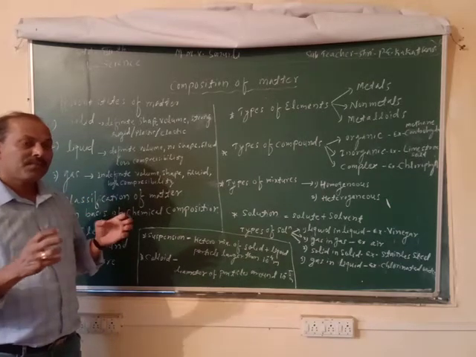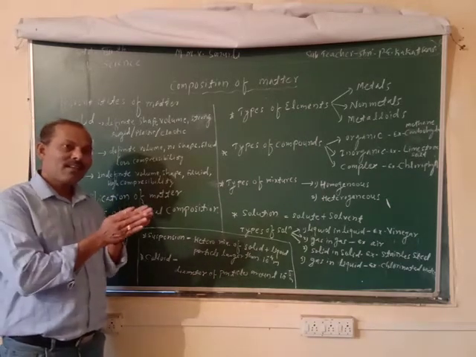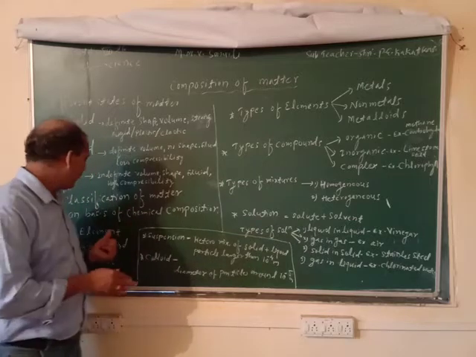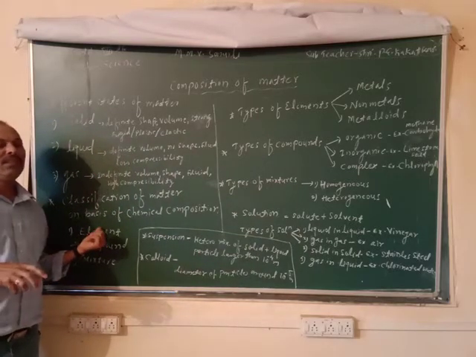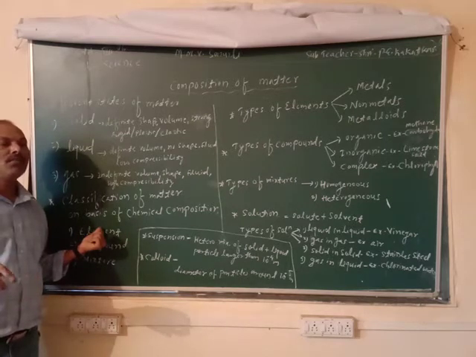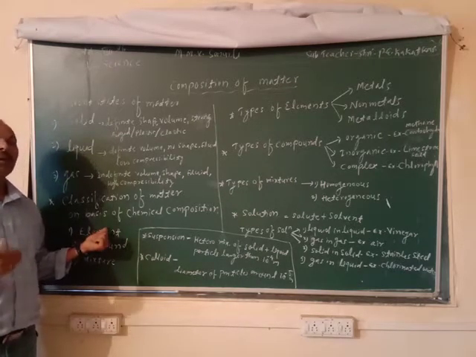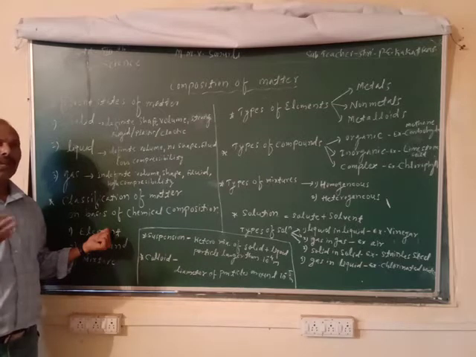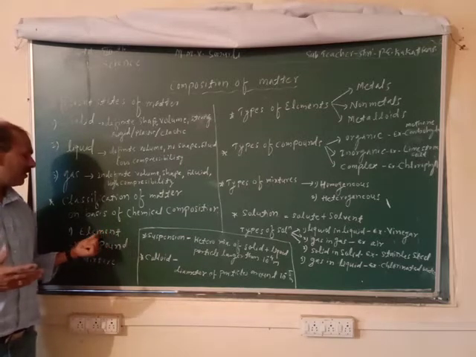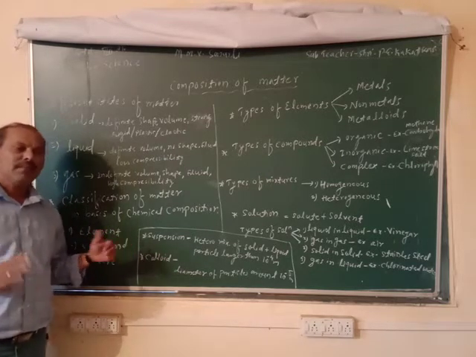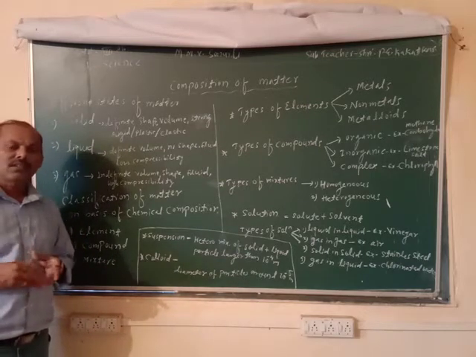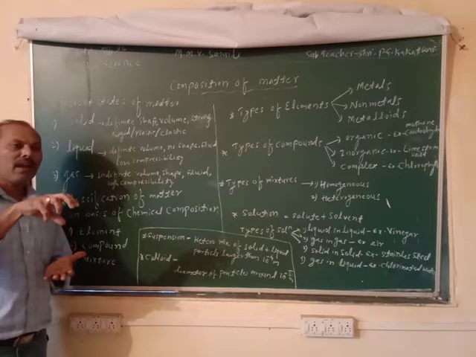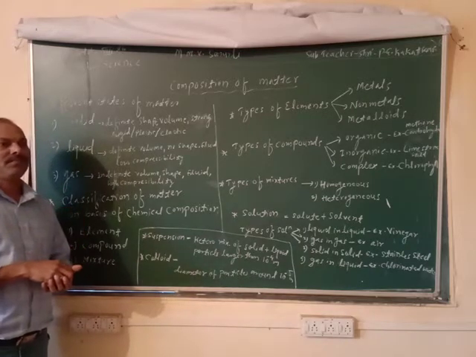All the atoms in the element are of the same type. For example, hydrogen, nitrogen, oxygen are the names of elements. Suppose we have taken oxygen, then in that oxygen only oxygen atoms are there.